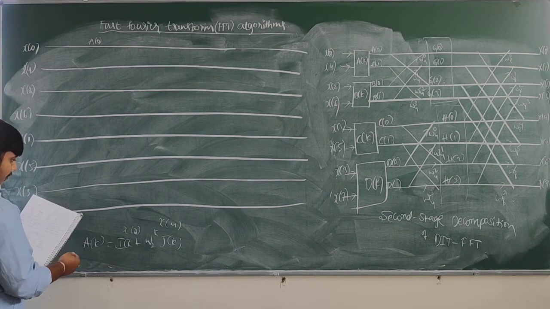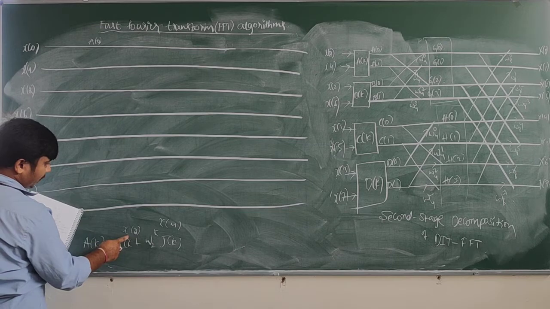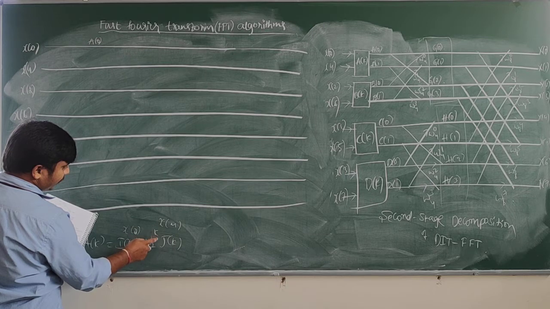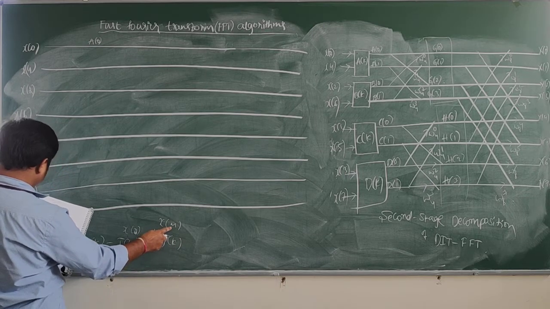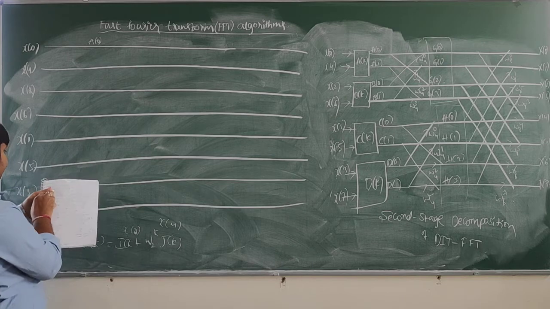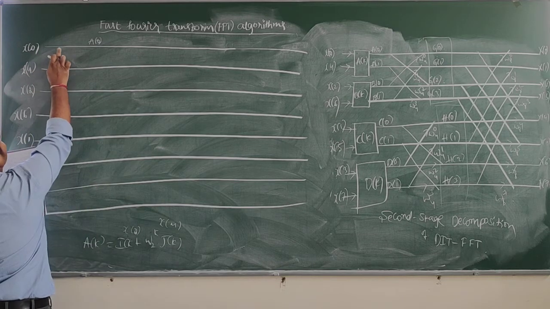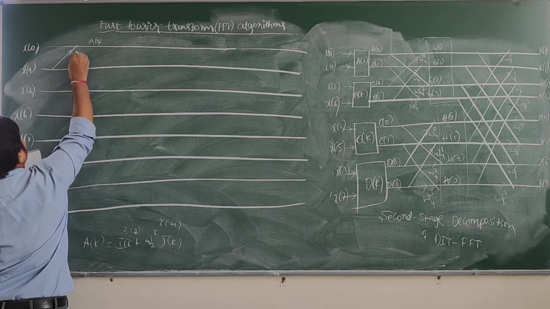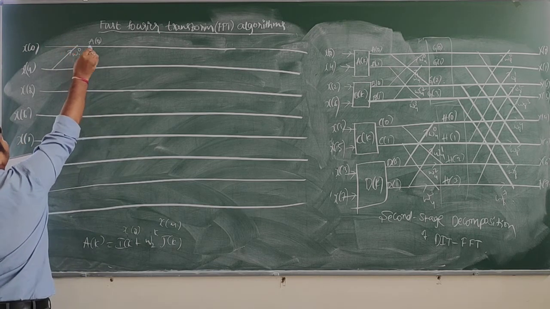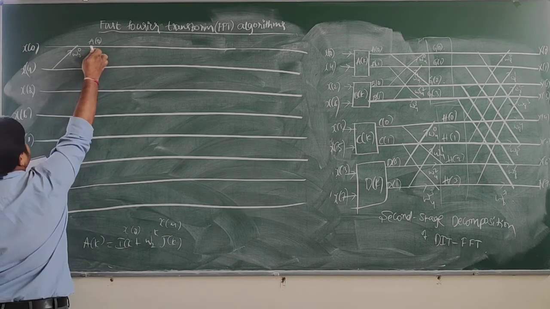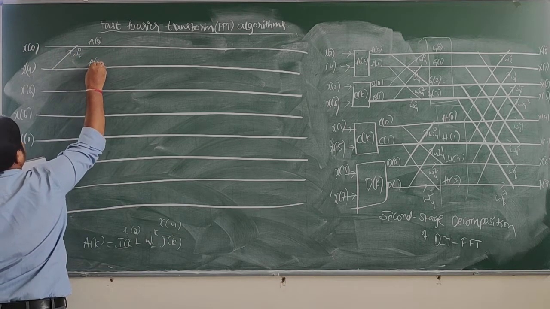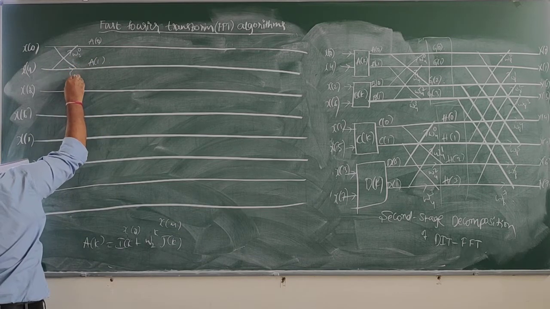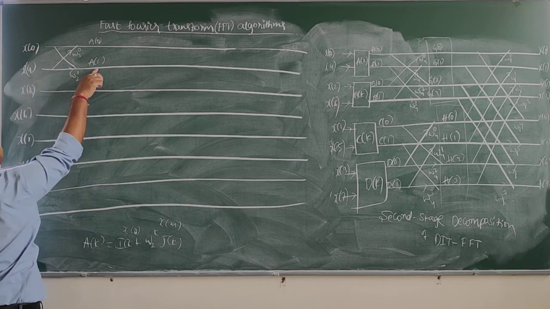So a of 0 is equal to x of 0 plus w2 power 0 into j of 0. Sorry, j of 4. So therefore x of 0 plus w2 power 0 into x of 4 gives you a of 0. Similarly a of 1 is equal to x of 0 plus w2 power 1 into x of 4, that is a of 1.